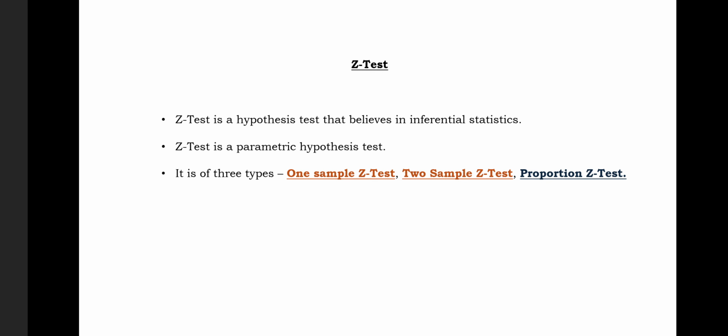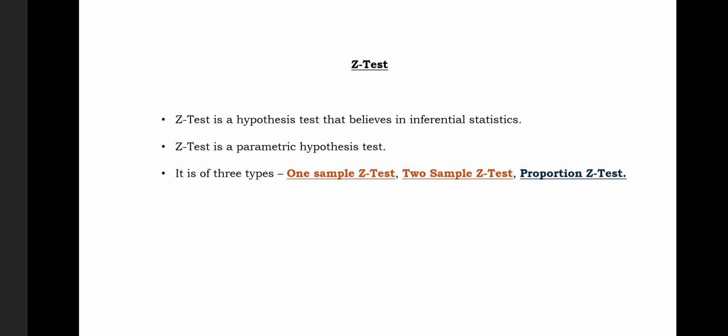First thing you should always remember is that a Z test is a hypothesis test. And every hypothesis test uses one field of statistics, that is inferential statistics. It means we try to say something about the population, and we can only say something about the population with the help of our samples.